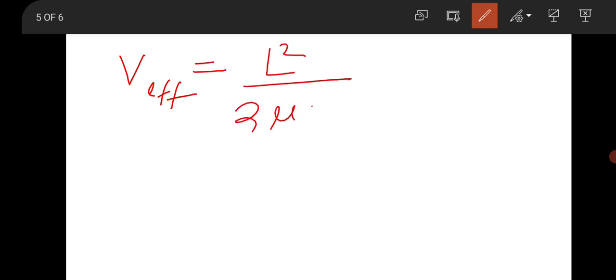From the central motion point of view, the concept of effective potential is very important. The effective potential is equal to L square by 2 mu r square plus V of r.